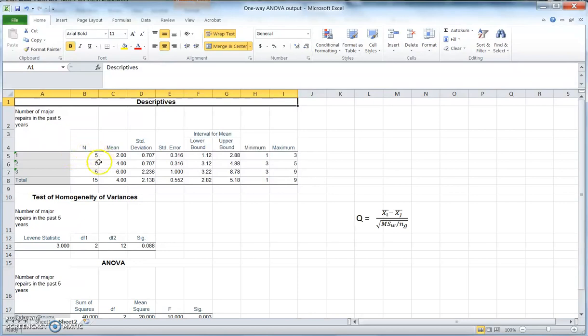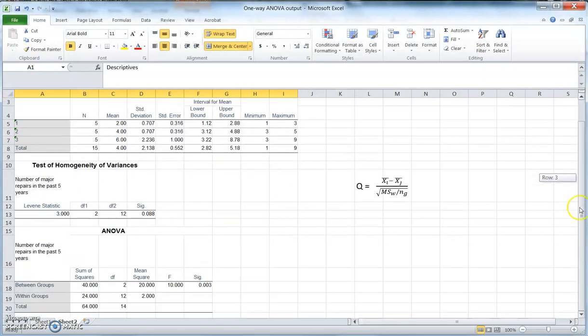I already ran the ANOVA test. It shows here I have 5 cars in each group, and here are the group means. With alpha equals 0.05, I made the assumption of homogeneity of variance, which means the underlying populations have the same variance.